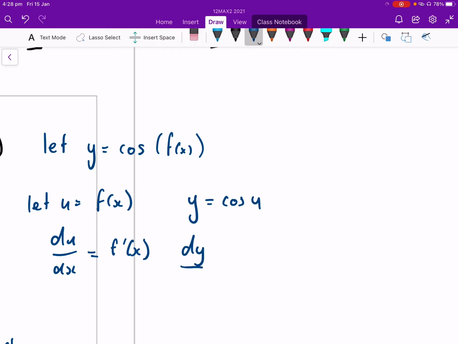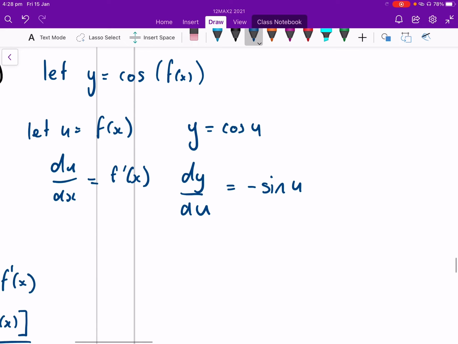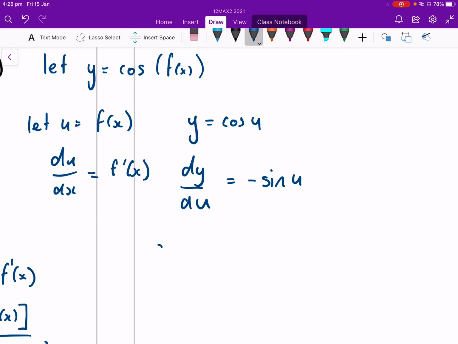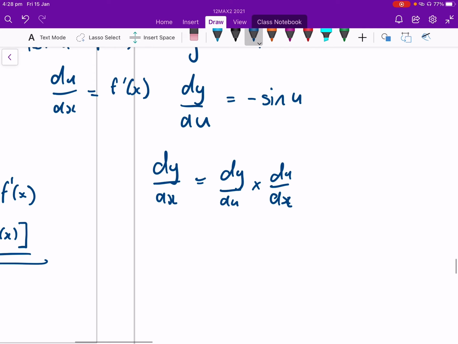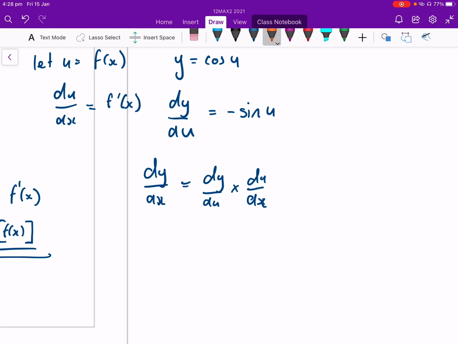Deriving this with respect to u, dy/du will be negative sine u. Now remember the chain rule is dy/dx is equal to dy/du multiplied by du/dx. So here I've got du/dx and dy/du. However, I'll write u as f of x, because we said that over here.